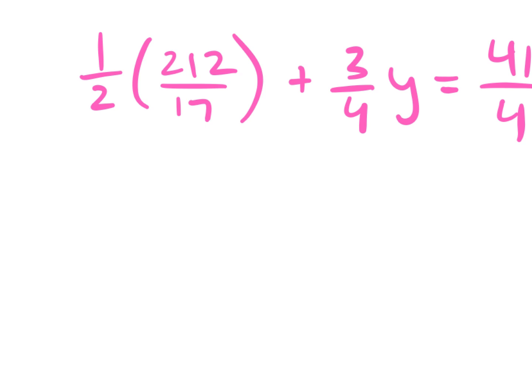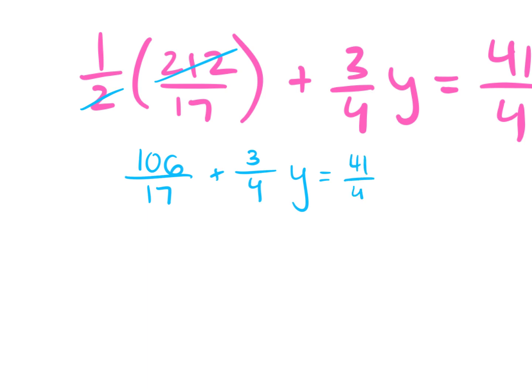So I can take out a 2 from the top here, and we're left with 106 over 17, plus 3 over 4y, which is equal to 41 over 4.